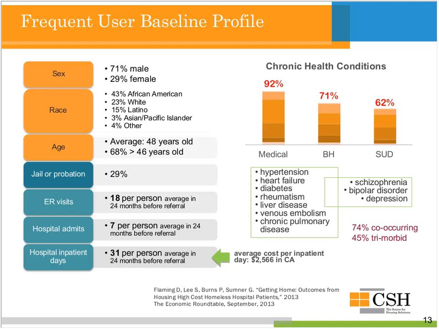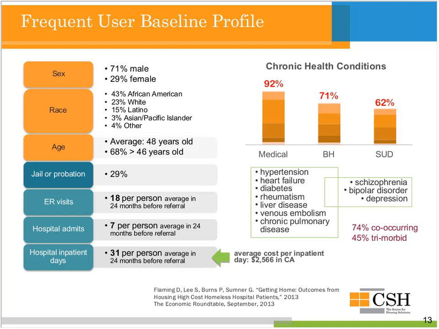92% of folks actually have a chronic physical disability. 78% of folks had a mental health disorder. And 62% of folks have a substance use disorder. 74% had a co-occurring disorder, so 2 of these, medical or behavioral or substance use, and 45% of the population have all 3 disorders.